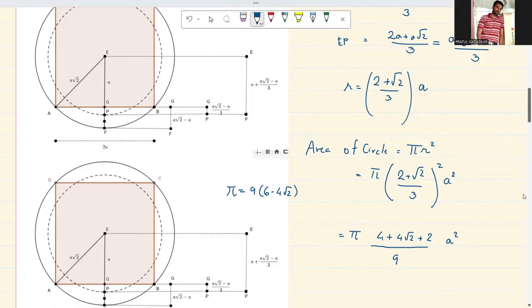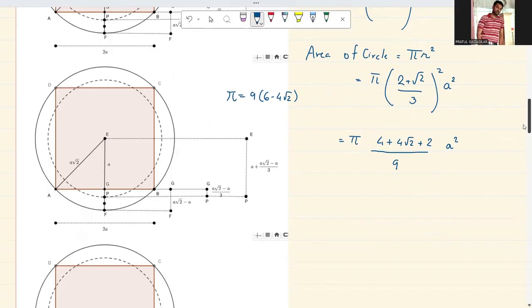So you see that this simplification will become pi into (6 plus 4 root 2) divided by 9 times a square.